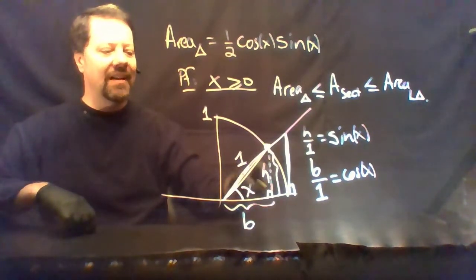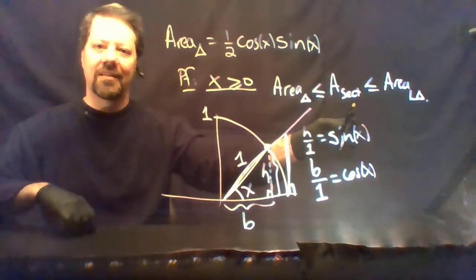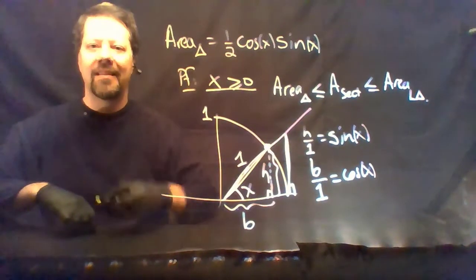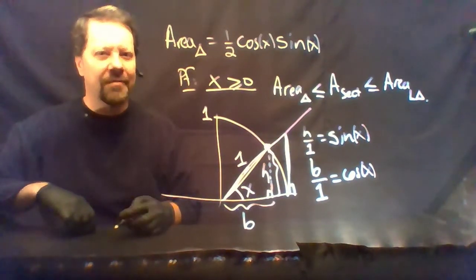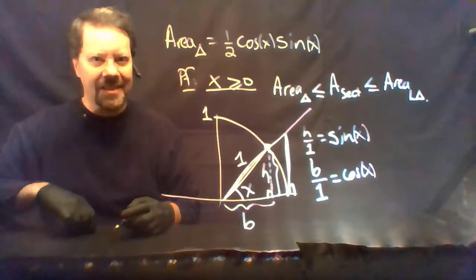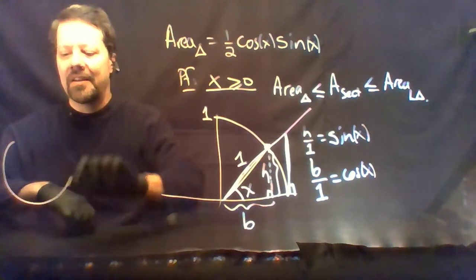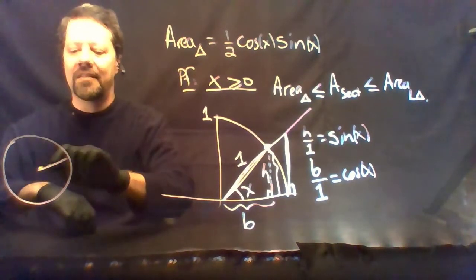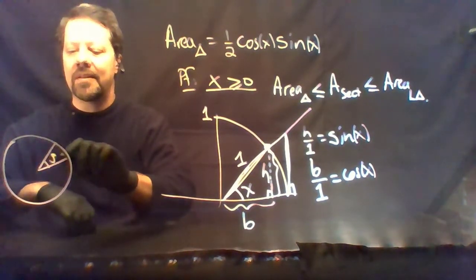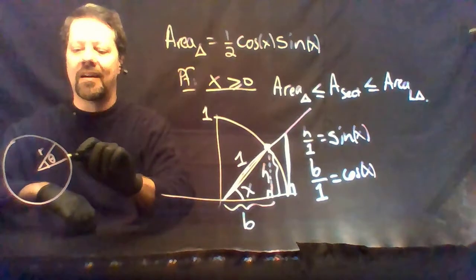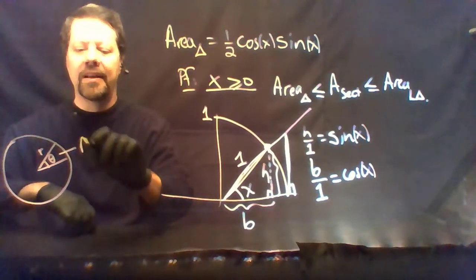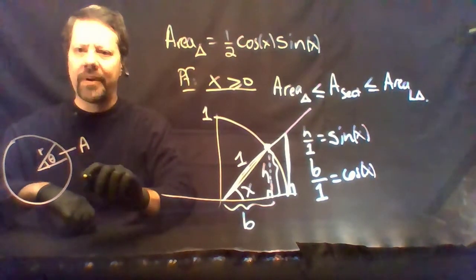Now, what is the area for the sector of the circle? Do you remember the formula for the area of a sector of a circle? It goes like this. If you have a sector with central angle theta and radius r, the area has the following relation.